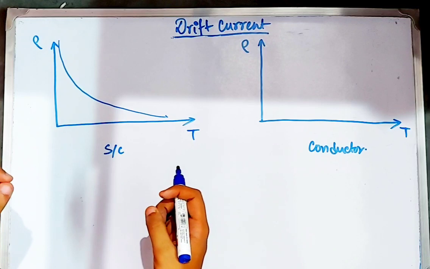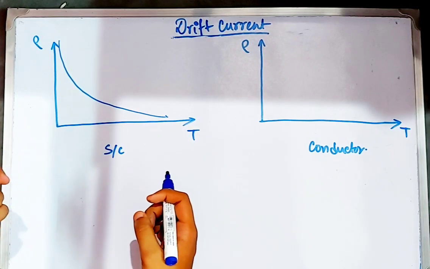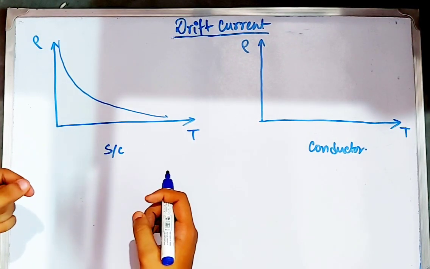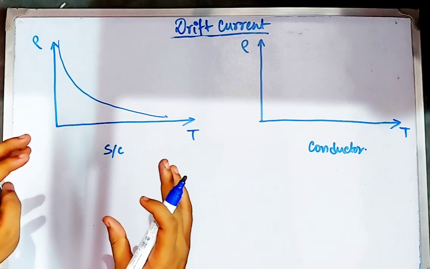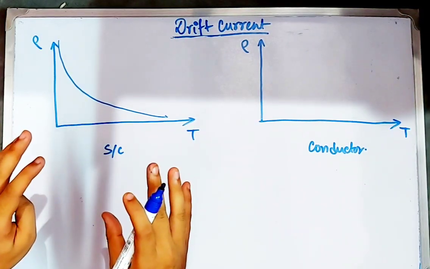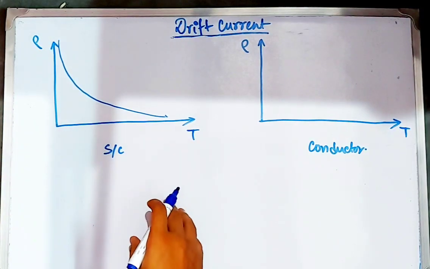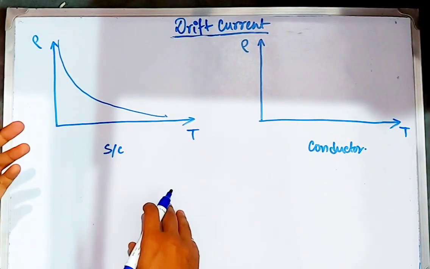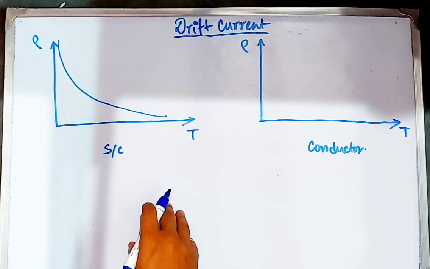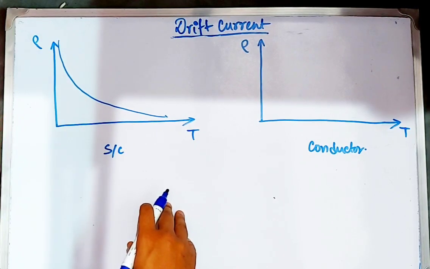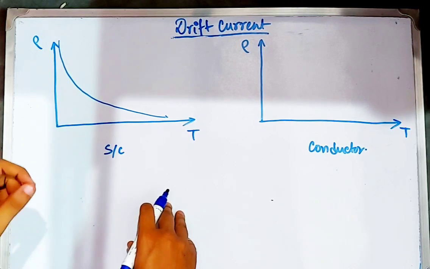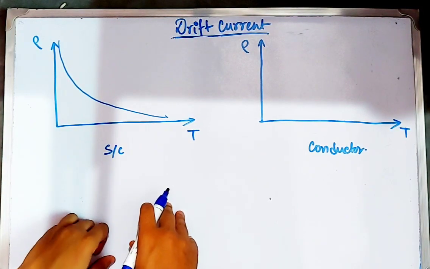The semiconductor will resist the flow of current less. The more I increase the temperature, the less the semiconductor will resist the flow of electrons. If I increase the temperature, the current value will increase in case of a semiconductor.